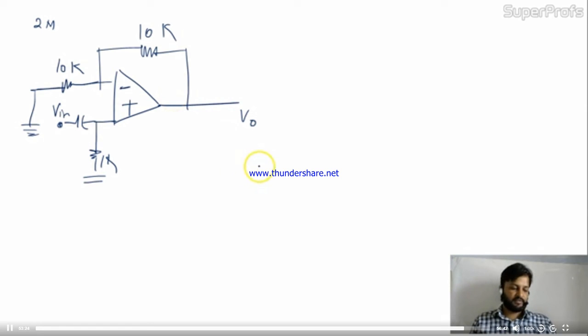The question is, the op-amp circuit shown in the figure is a filter. The type of the filter and its cutoff frequency are asked, which type of filter it is and the cutoff frequency. Options are given.